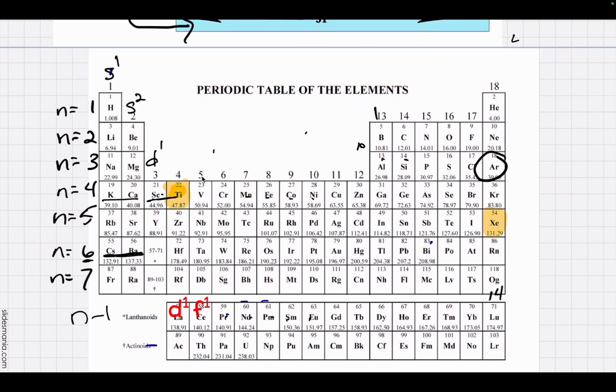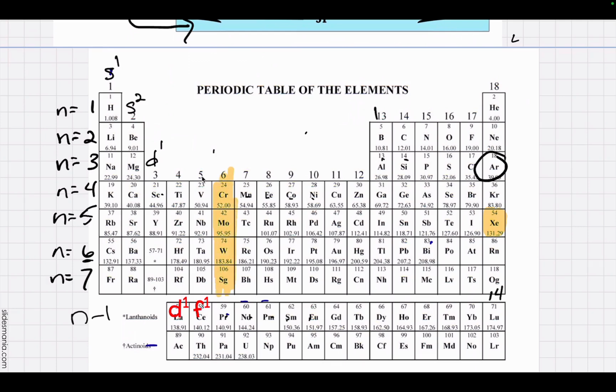The last one, or one of the last things I want to cover with you, are elements where the d block or the d orbitals are either really close to being half full, which is right here, these elements. So let me show you this.